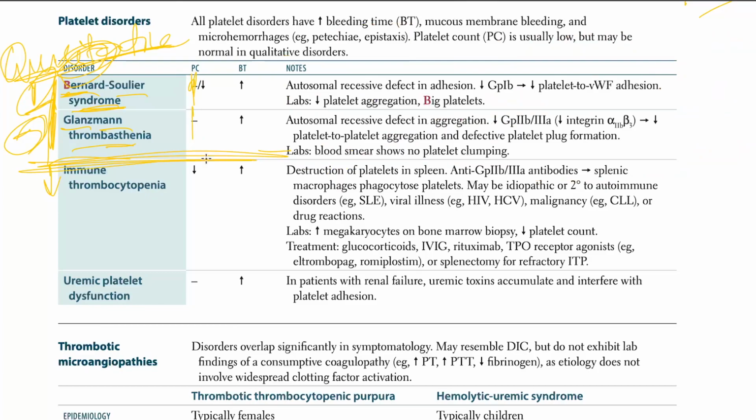So now let's talk about the other ones, the quantitative disorders, in which you have decrease in the quantity of platelets. You have the immune thrombocytopenia. What is ITP, immune thrombocytopenia?